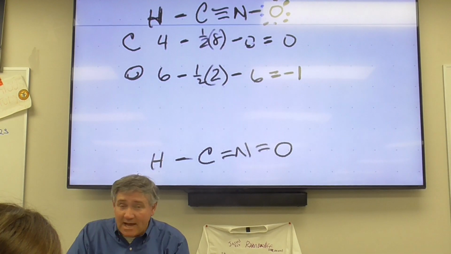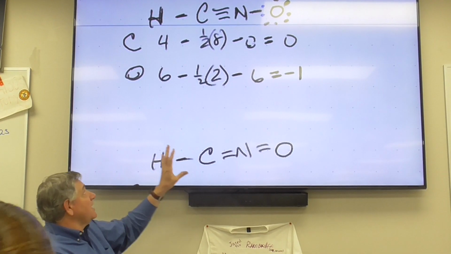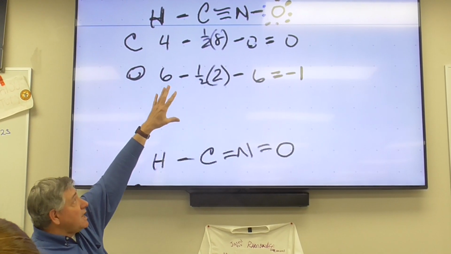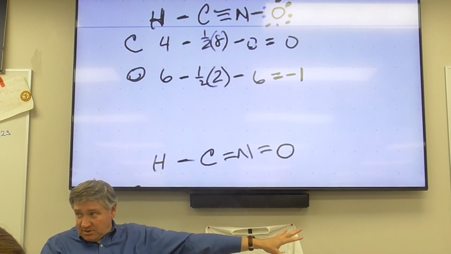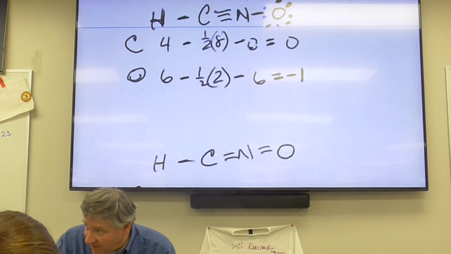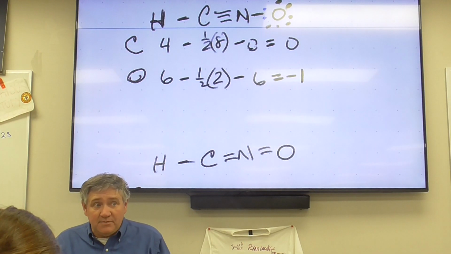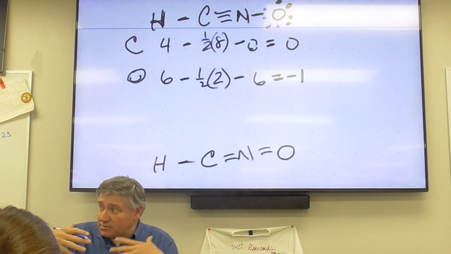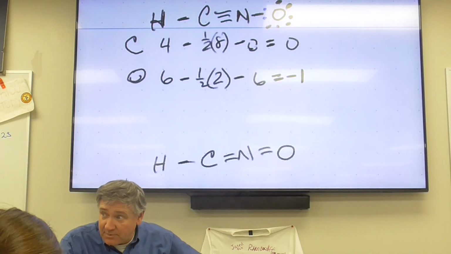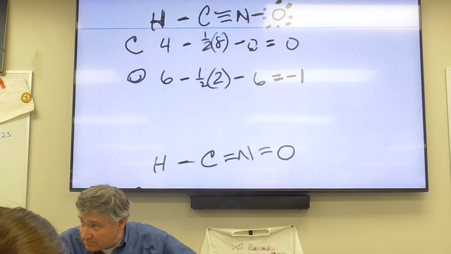So what I'm going to look at is a comparison to see how the carbon and oxygen change from that top structure to the bottom structure. Hydrogen and nitrogen are there. I just don't worry about them because nothing changes in the total number of bonds with those atoms. I change the total number of bonds with the carbon and the oxygen, okay?